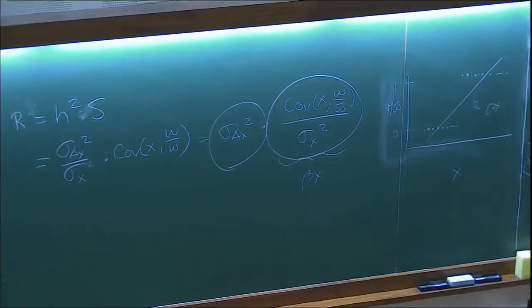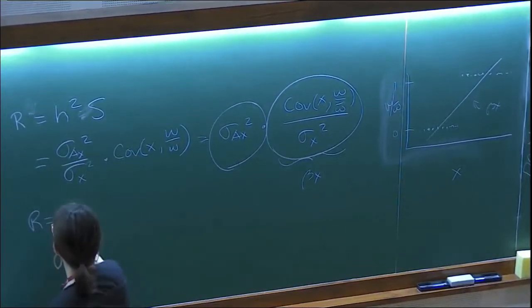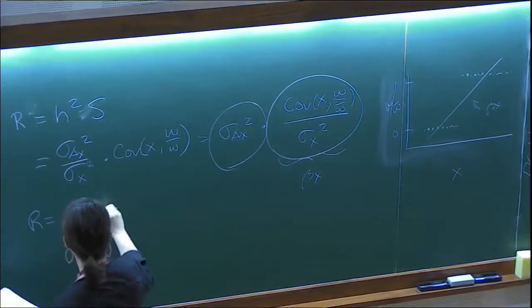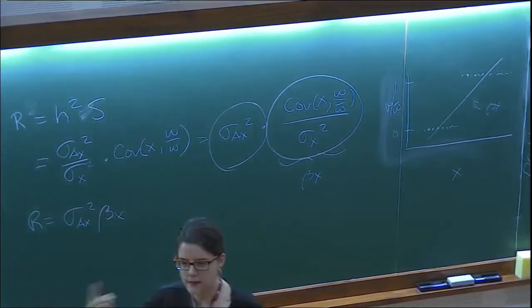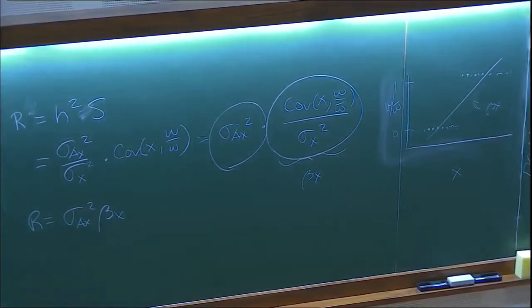So we've decomposed the response to selection into these two parts, and that's basically what the Breeder's equation does, and so often you'll see it written this way. And later, at the end of today's lecture, we'll generalize that for a multivariate trait, where we're following more than one trait at the same time. But that's a general result.